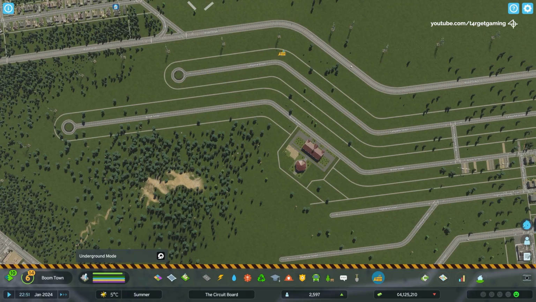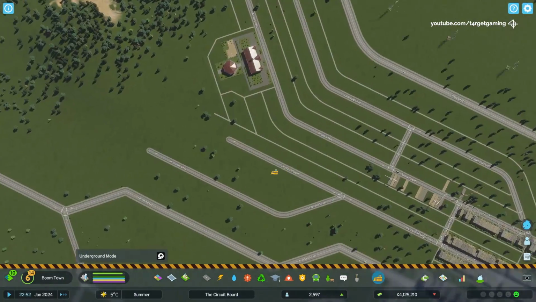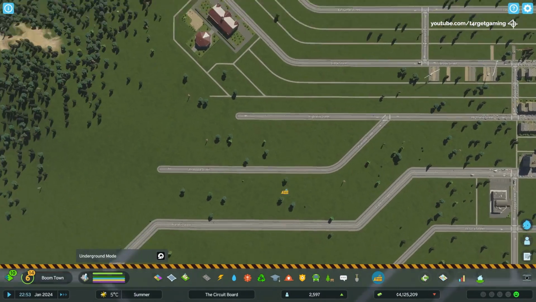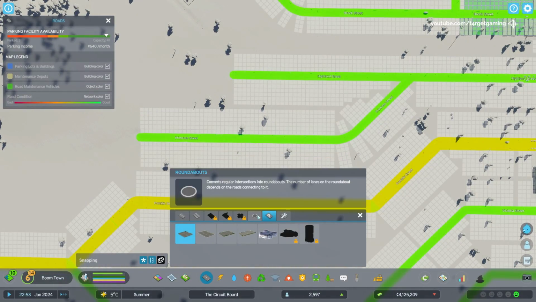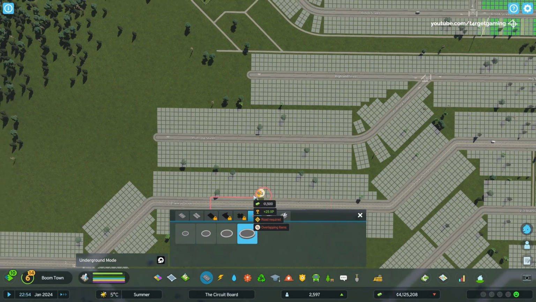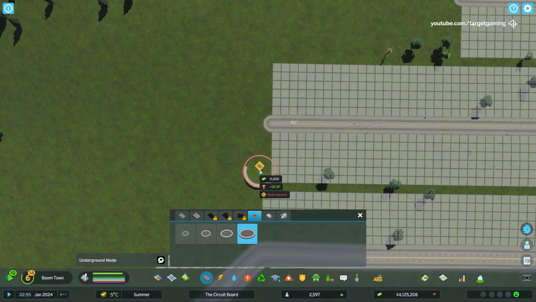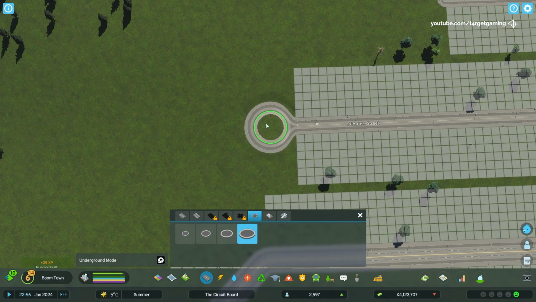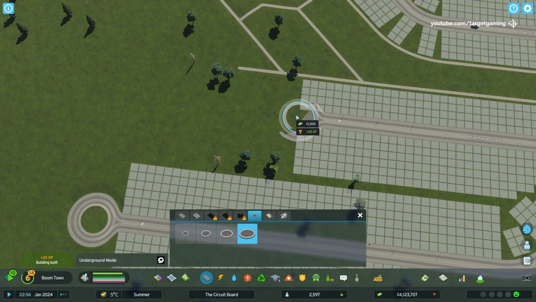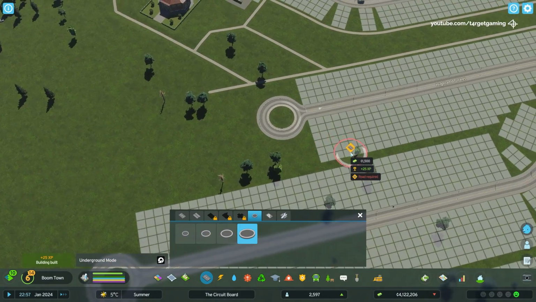So with the roundabouts, the curved roads, and also the pathways, that's something that we can do over here. For the roundabouts, I just use the very large roundabout. That's pretty much the setup that I have been using. So just plop it and eventually it gets the job done.